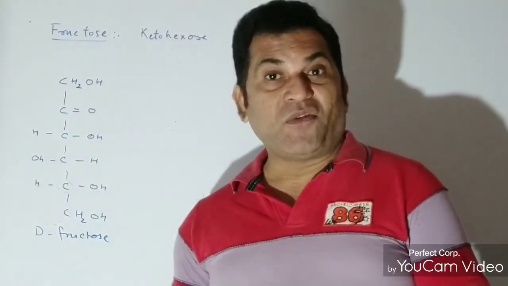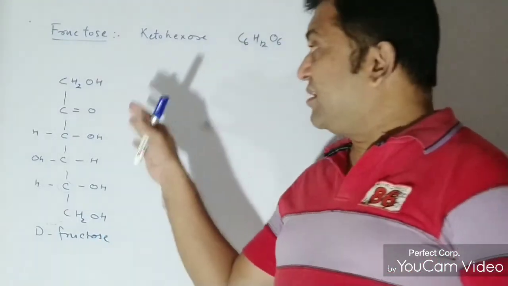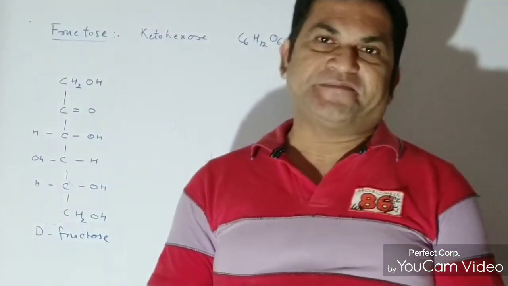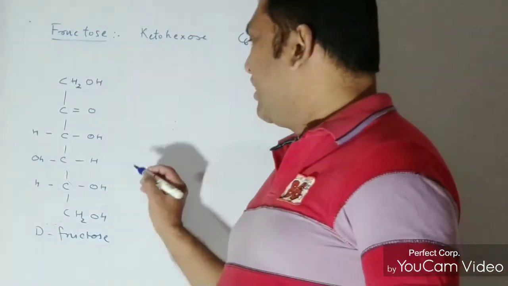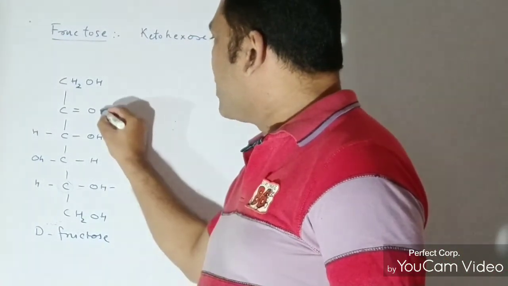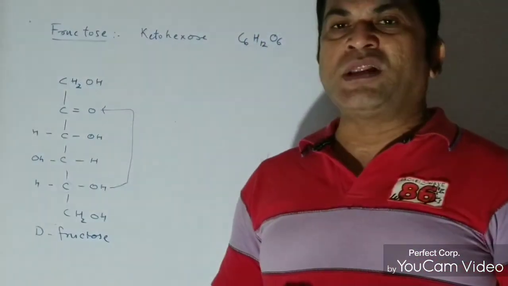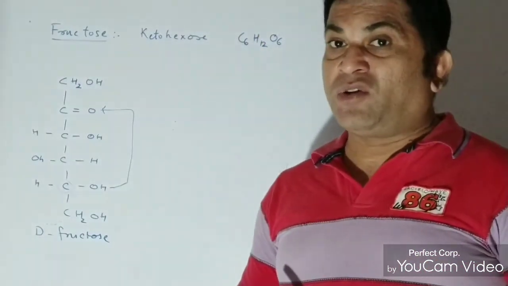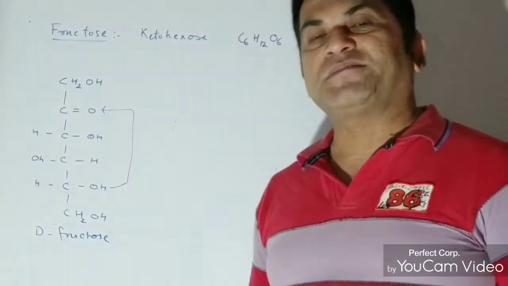That means the linear structure we have drawn is not correct. So what is happening? Here again, the fifth carbon is going to attack the carbonyl group. But here the carbonyl group is not at the first carbon, it is at the second carbon.